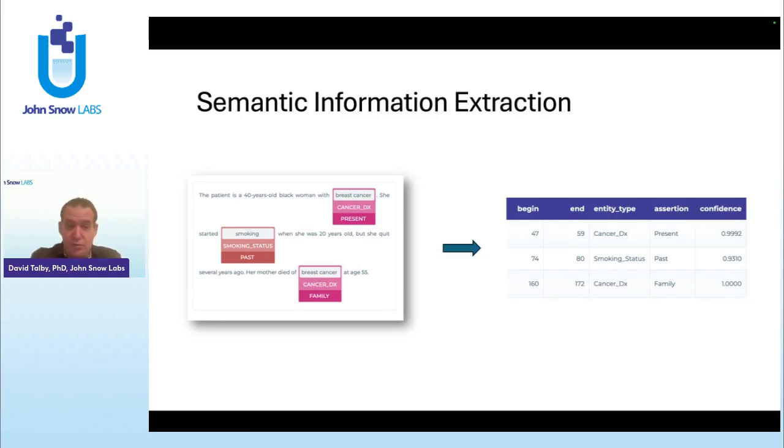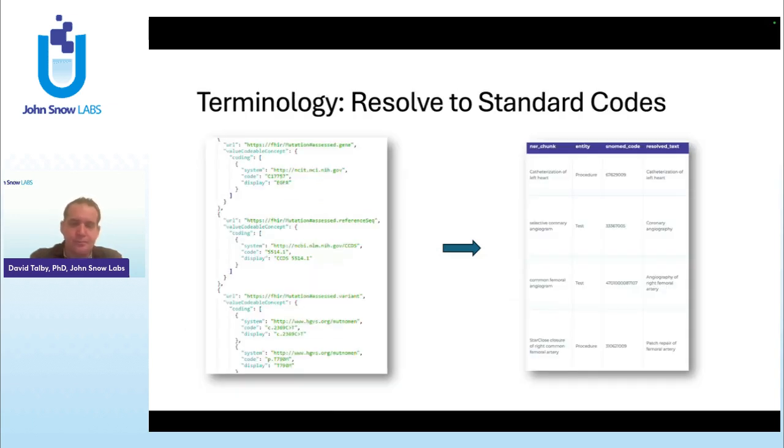In the second sentence, it is clinically relevant to know there is a family history of breast cancer, but we have to know it's family history and not about the patient, because if we just extract breast cancer by itself, it's meaningless. Smoking is also relevant, but we also have to know it happened in the past. So other than entity recognition, we also have models for what we call assertion status, relation extraction, and clinical coding, that can extract those semantic filters.